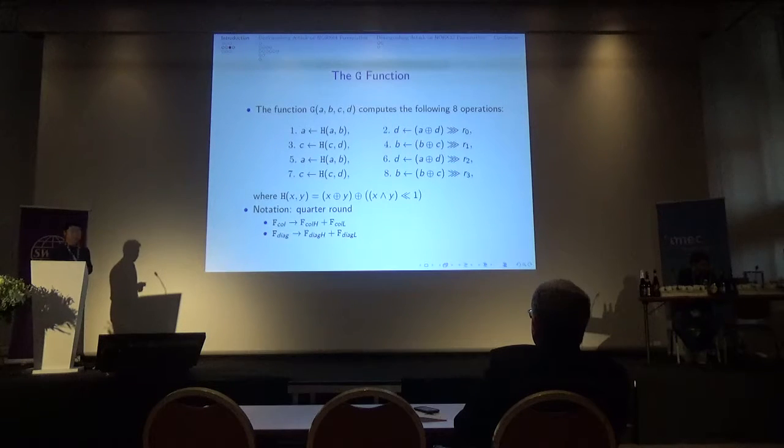Here I talk about the notation of the quarter round. One round of NORX is separated into 2 half rounds, the column and the diagonal. If we further separate each half round, the first 4 operations and then another 4 operations, we have a quarter round that we will use in the later analysis.